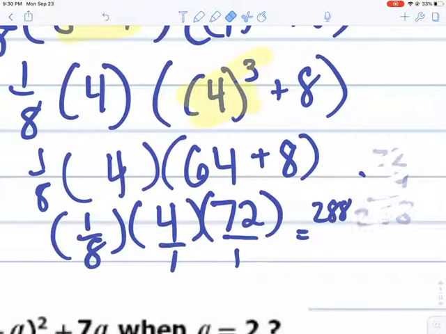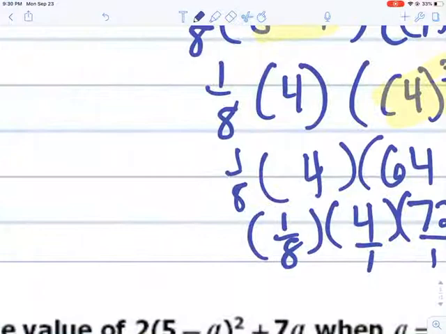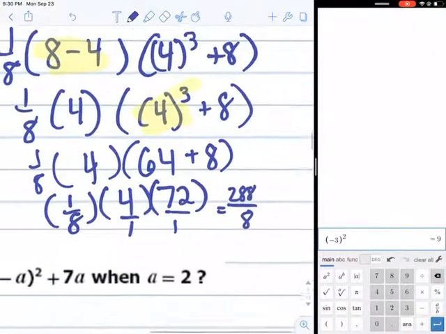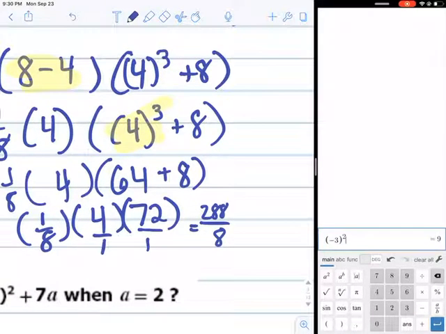And then in the bottom, you would do divided by 8, because 8 times 1 times 1 gives you 8. And then from there, you can just check if it divides. So 288 divided by 8 is 36.